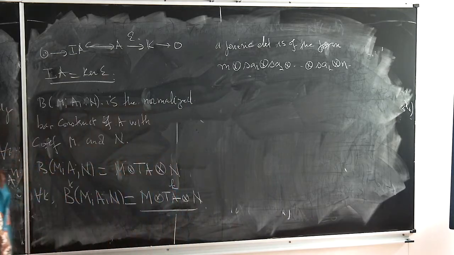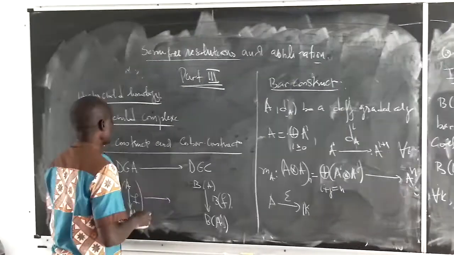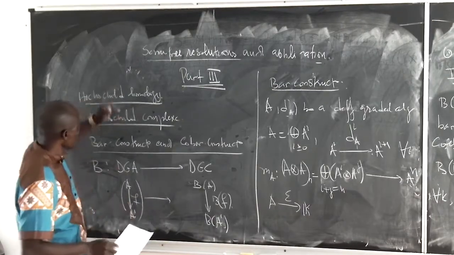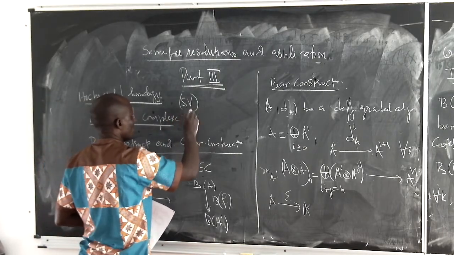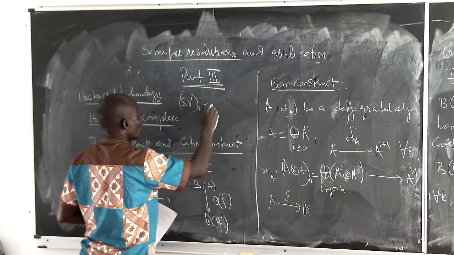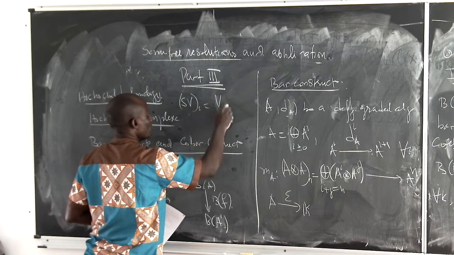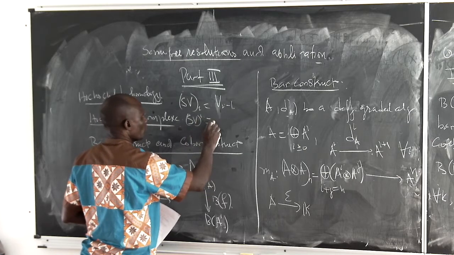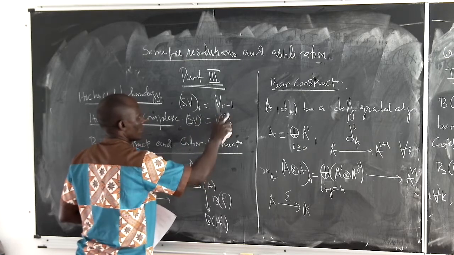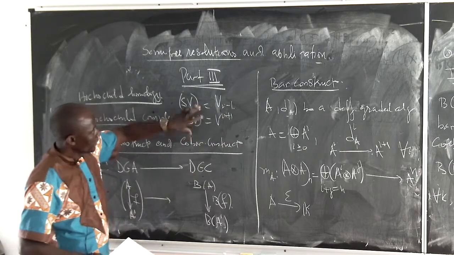remember at the beginning I said a word on the suspension of degree. (SV)_i is equal to V_{i-1} and (SV)_i equal to V_{i+1}. I said a word on the suspension of degree.